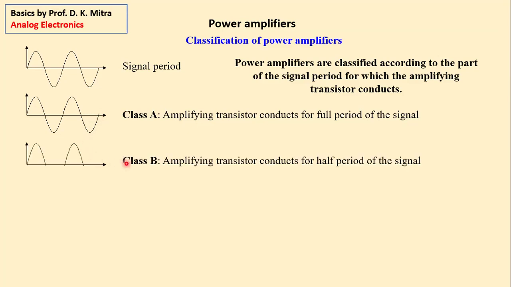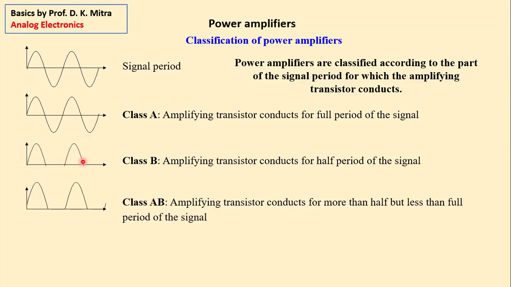Class B is when the amplifying transistor conducts for half of the period, maybe only the positive half or only the negative half. Class AB is when the transistor conducts for more than half period but less than full period. So whole period is 360-degree, half period is 180-degree. So maybe it conducts for 270-degree or 200-degree. Then it is called class AB.